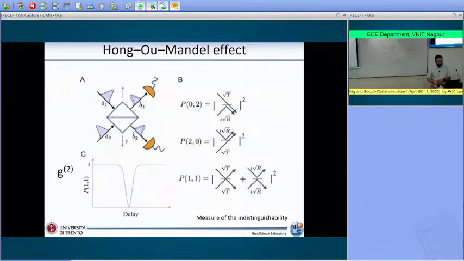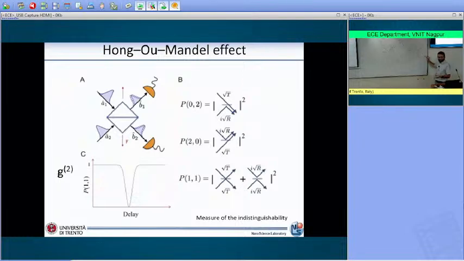Because if the two photons are indistinguishable, I cannot distinguish between a situation where the two photons were both reflected by the beam splitter, or the two photons were both transmitted by the beam splitter. So, from the point of view of my measurements, this situation and that situation are exactly the same. I cannot distinguish among those situations.